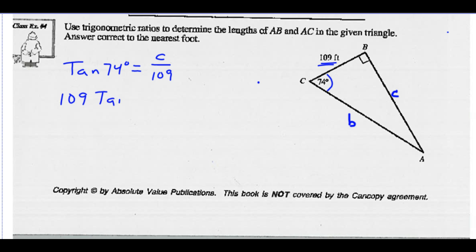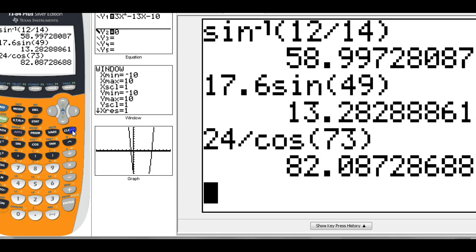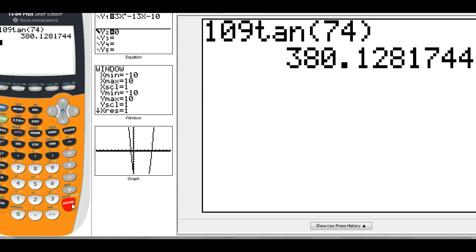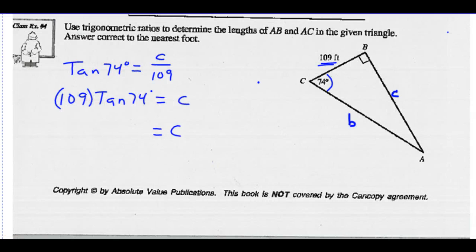109 times the tangent of 74 degrees will give us c. So do that on your calculator. Here's what it should look like. 109 times tangent 74. We come up with 380.128. Correct to the nearest foot.